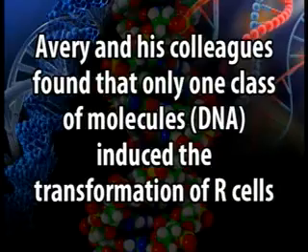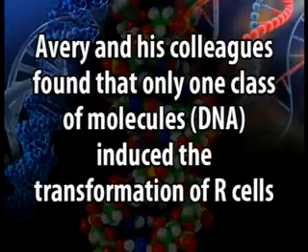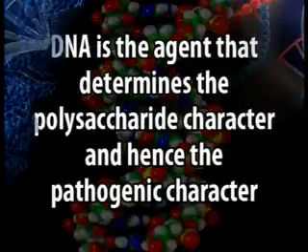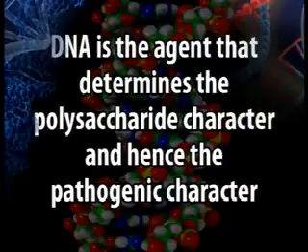Now, in screening the different groups, Avery and his colleagues found that only one class of molecule, DNA, induced the transformation of R cells. They in fact deduced that DNA is the agent that determines the polysaccharide character and hence the pathogenic activity or character of the organism.